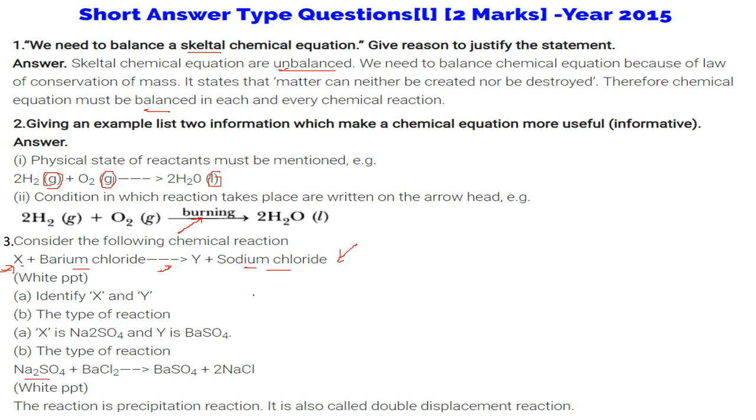Barium chloride is BaCl2, and if sodium chloride is formed, then sulfate must have combined with barium, so Y is barium sulfate. Because a white precipitate is formed, this is called a precipitation reaction, and since barium is replacing sodium and sodium is replacing barium, we also call it a double displacement reaction.